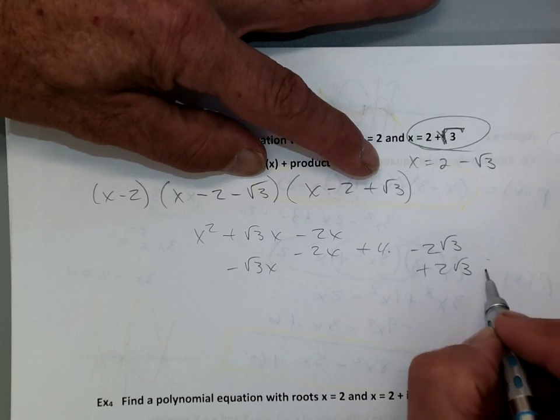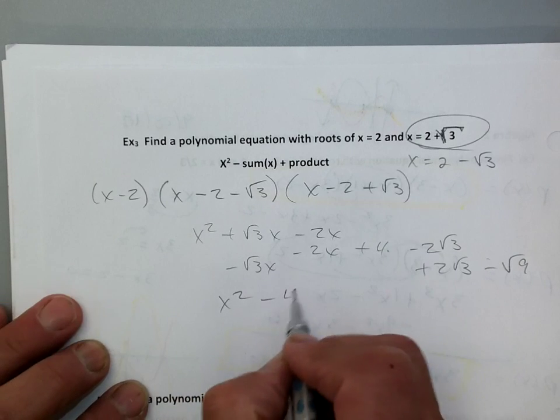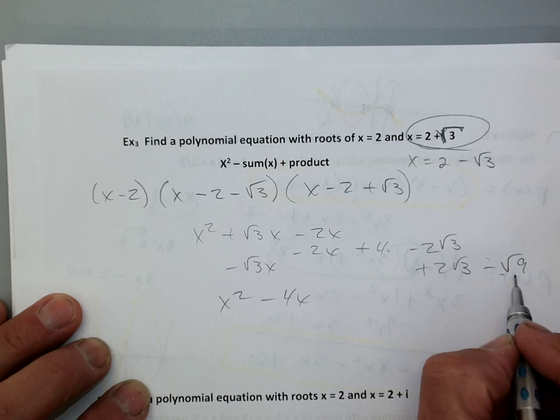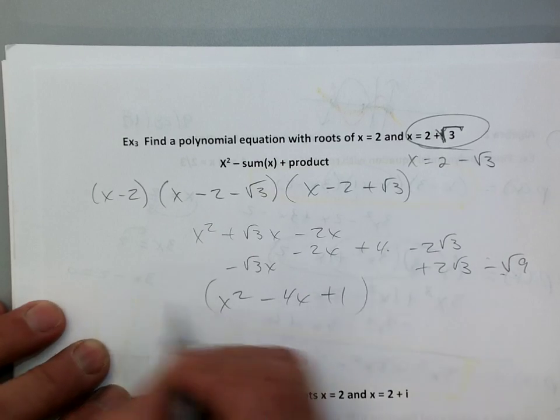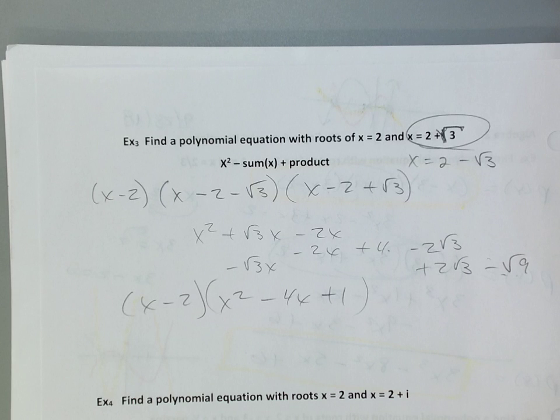Let's see, minus the square root of 9. I'd get an x squared minus 4x, that's a 3, so then plus 1, okay? Times x minus 2, okay? That's doing it the hard way. There's an easier way, okay? So, don't write that down.